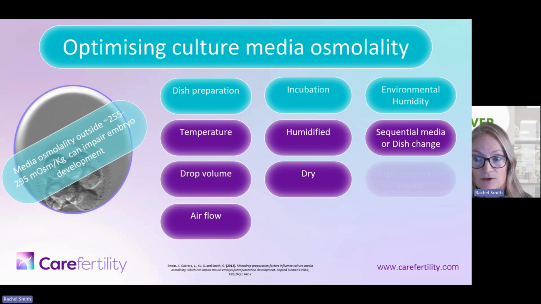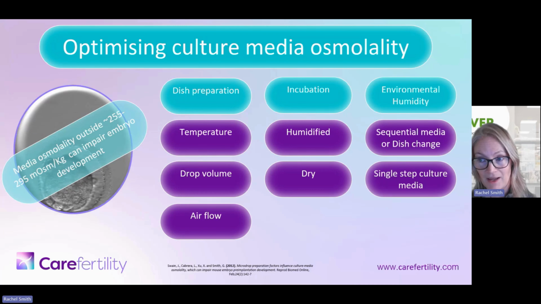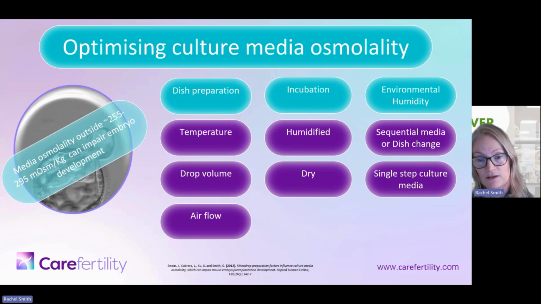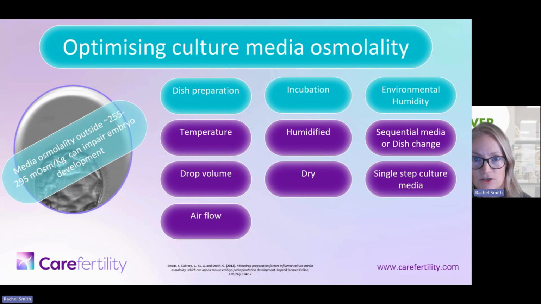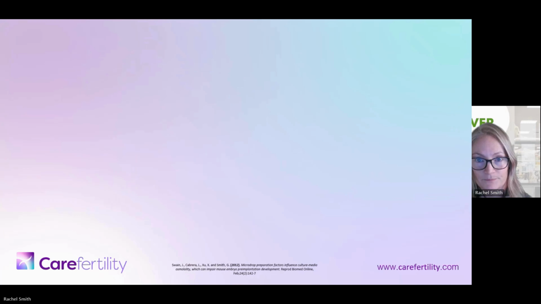And the other area, which is where we're going to look at today in the main, is environmental humidity. Changes in humidity within our labs, maybe seasonally with the use of air conditioning, and also in the way we culture. Are we using a one-step approach, or are we preparing a sequential media to support our embryos with a dish change? All of these factors have a play with osmolality.